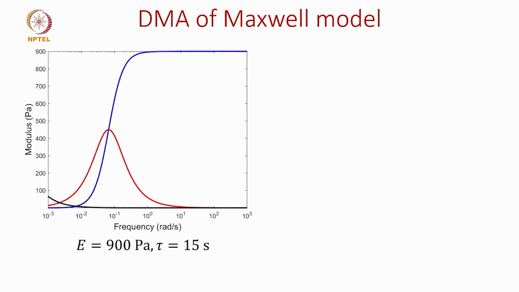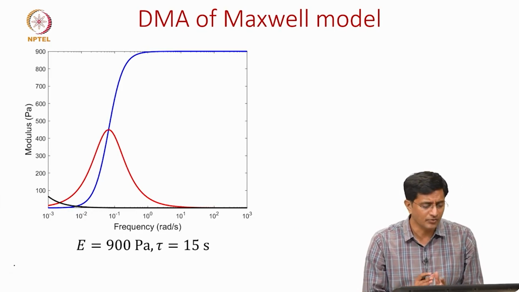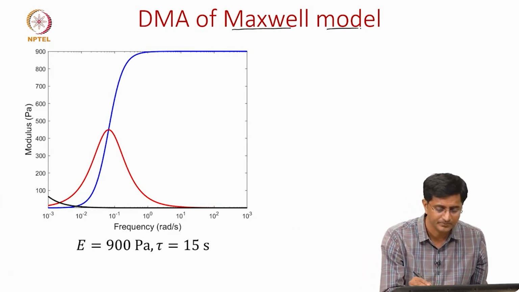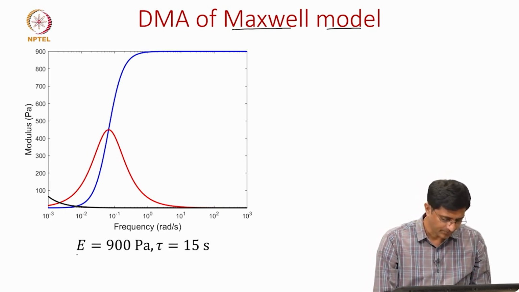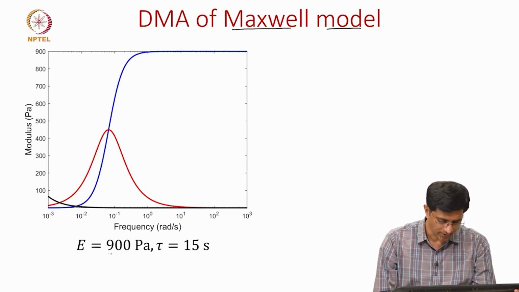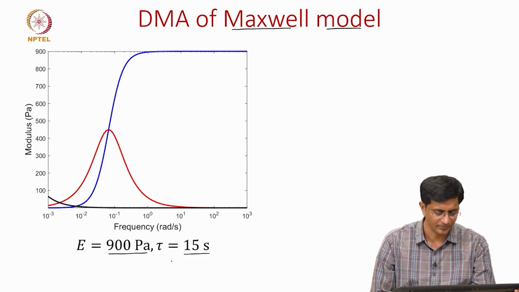Okay. So, here we will show this response for the Maxwell model. So, for this example we have chosen the modulus as 900 pascals and the relaxation time as 15 seconds.